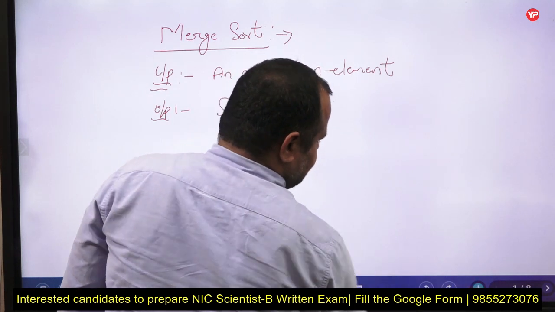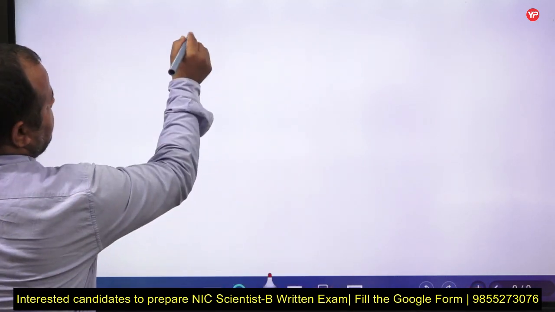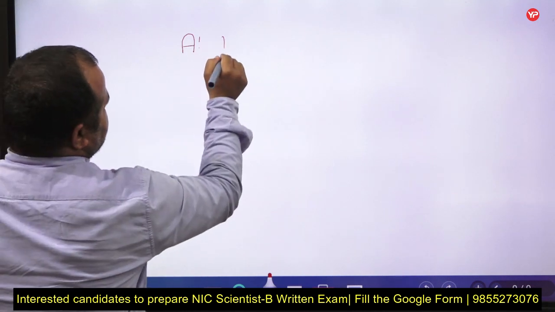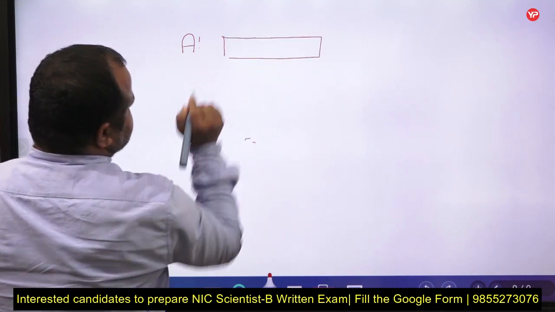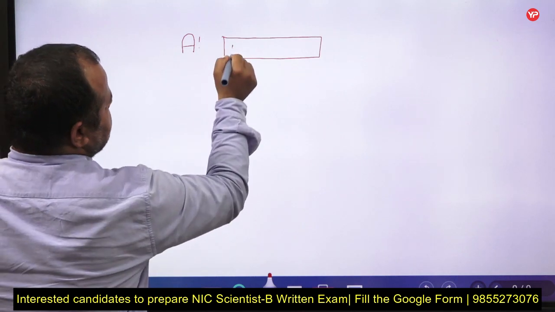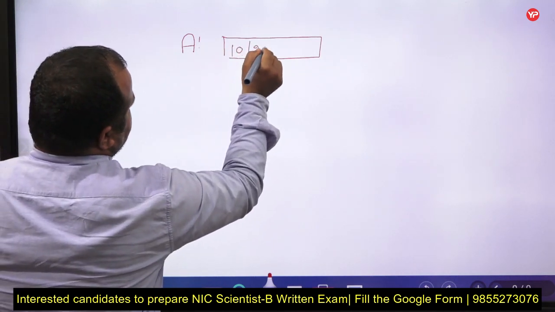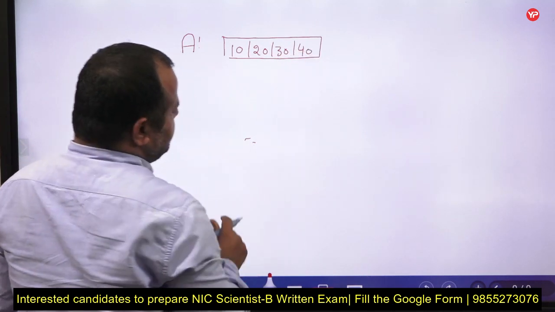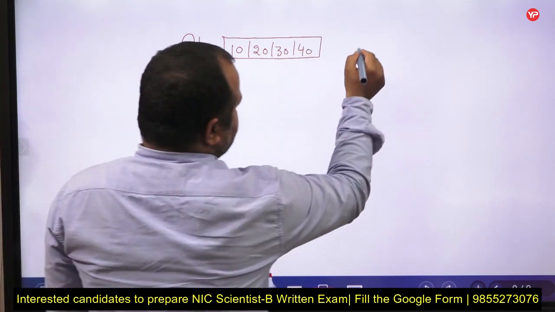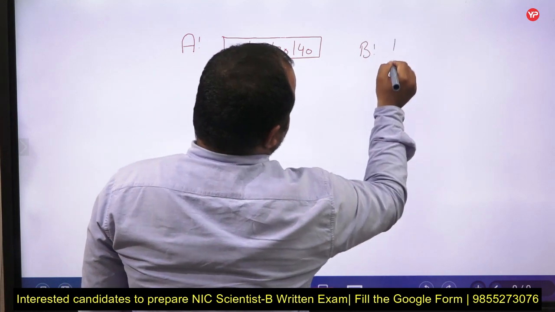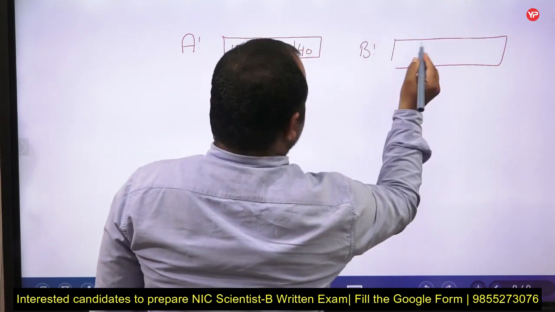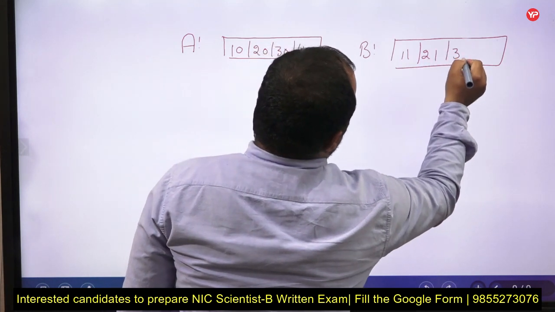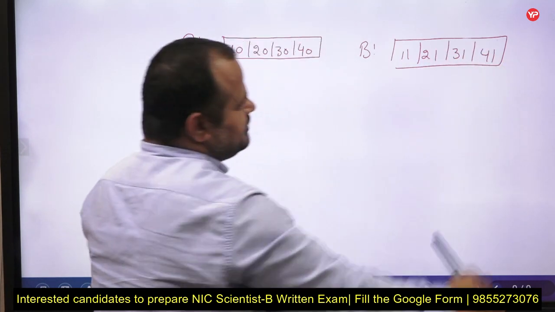Suppose we have an array A which is sorted in nature, that is elements are 10, 20, 30 and 40. I have one more array B which is again sorted in nature, that is 11, 21, 31 and 41.